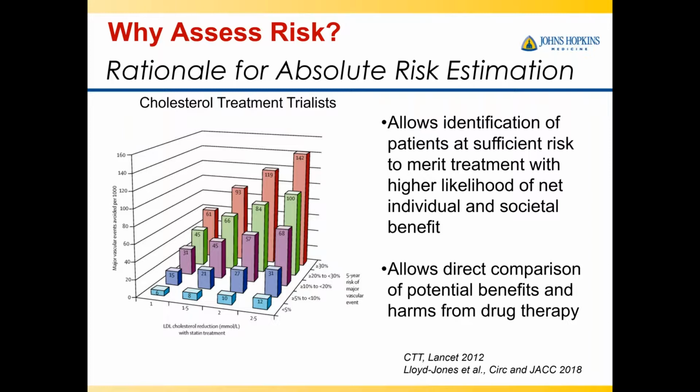You get the most absolute risk reduction with any therapy, statins, but also other drugs like PCSK9 inhibitors. You get the most bang for your buck for those at higher absolute risk. And so by assessing absolute risk, it helps us guide our therapy decisions to identify individuals that will benefit the most from statin therapy and have the most net benefit and the least risk for harm.